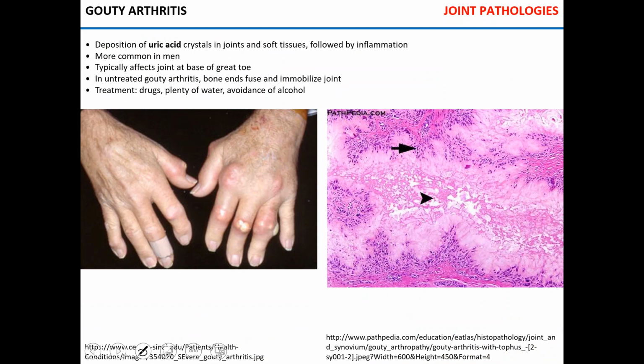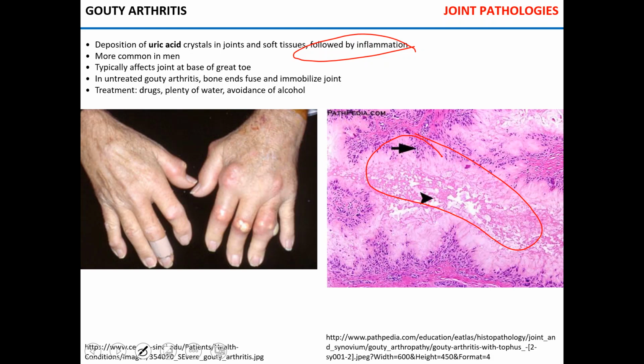Gouty arthritis: accumulation of crystals of uric acid in soft tissues and joints, and in joints it leads to inflammation. You can see the crystals of uric acid here. More common in men, usually older. It usually affects joints in a foot, the base of the great toe.